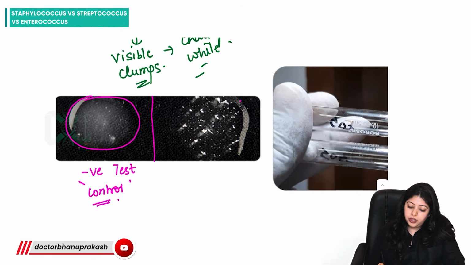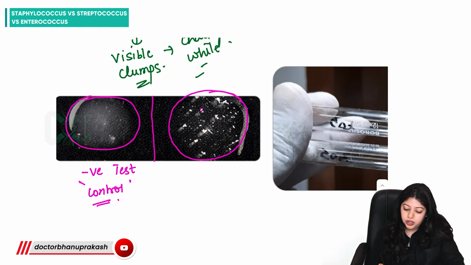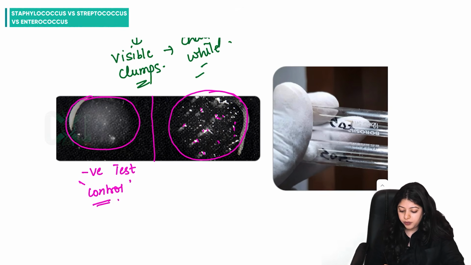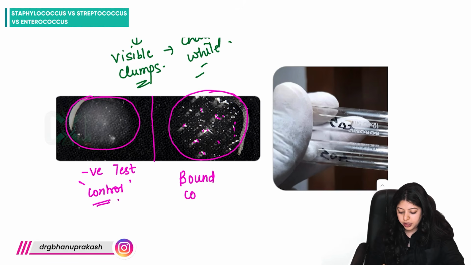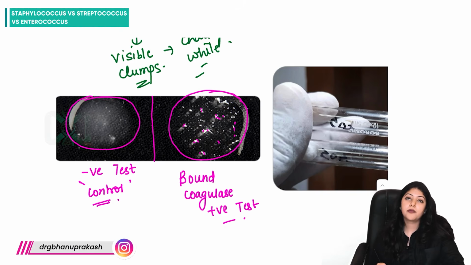And in this particular circle, are we able to appreciate these chalky white aggregates or agglutinates which are present? So this shows a bound coagulase positive test.